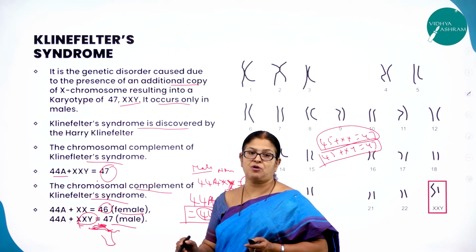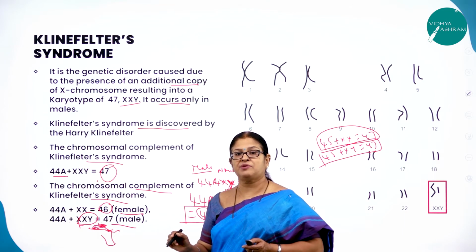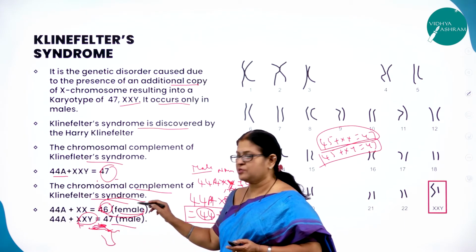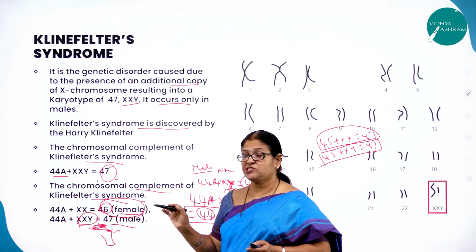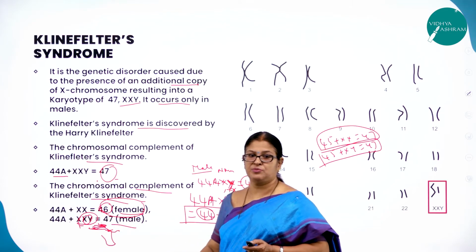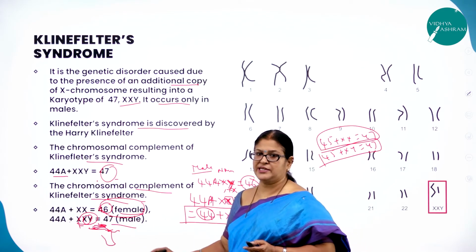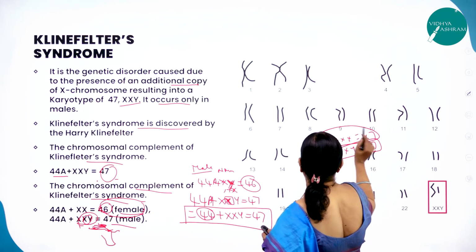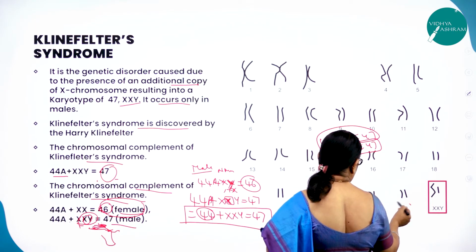So what is the chromosomal complement? 44 plus XXY, that is equal to 47. In female it is common, so there is no change. But the change occurs in male. So there is an addition of one extra X chromosome to the normal set of chromosomes. Here also you can see 1, 2, 3, 4, 5, 6, 7, 8. So 22 is common.